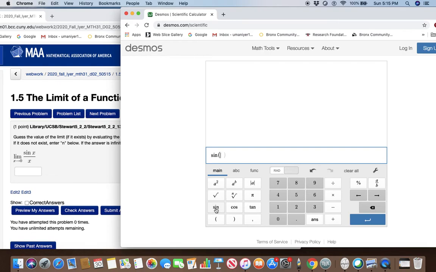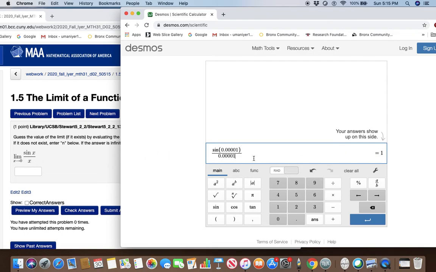So sine of, say we are getting close to 0, let's say 0.0001, and I'm going to use the same amount and divide by it. Sine x over x gives me 1 when I'm here.